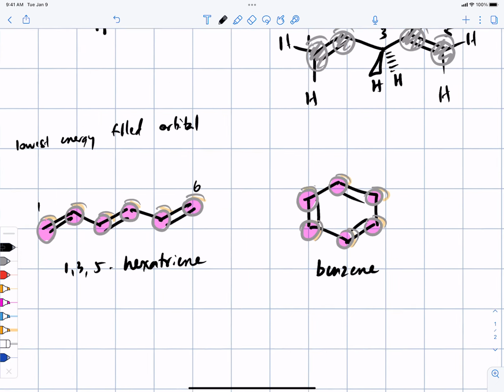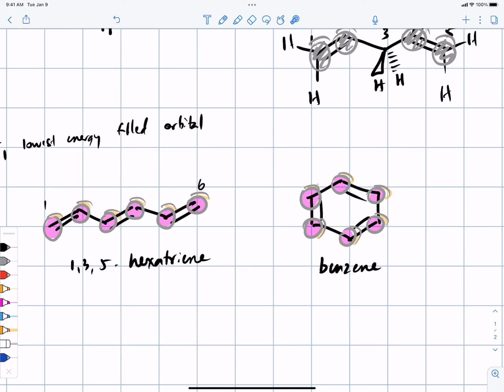So yeah, you might expect that on average, because this ring is flat, it automatically constrains the p orbitals to be lined up with each other all the time. And that's not true for 1,3,5-hexatriene, right? So that's good. We can rotate around single bonds in 1,3,5-hexatriene, but certainly not in benzene.